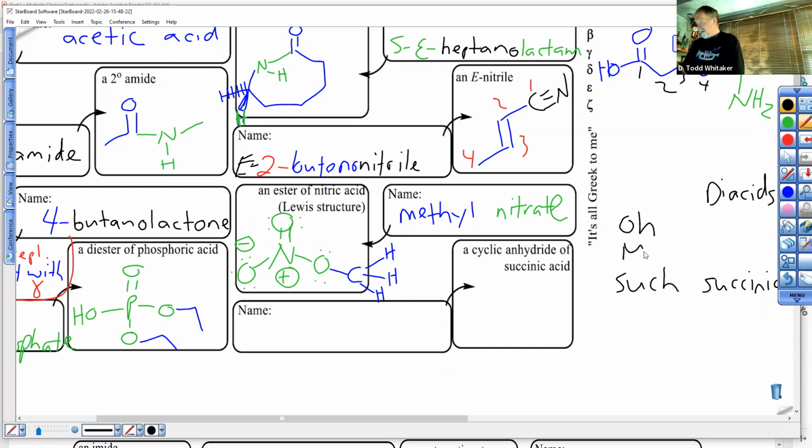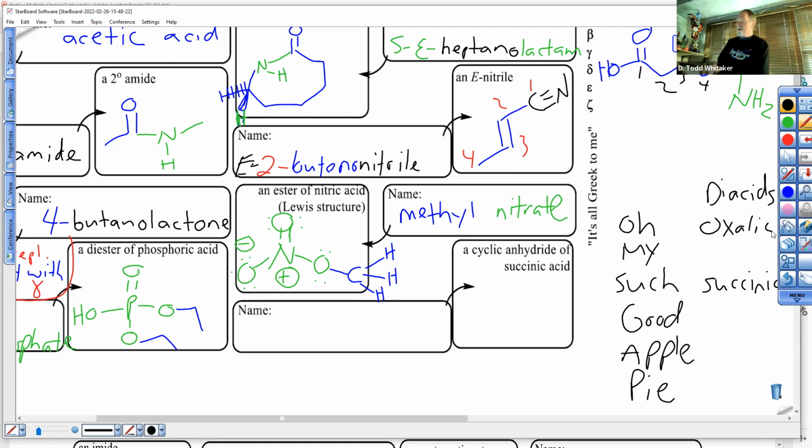Oh my, such good. Apple pie. It's a cute little expression. Oxalic is the first diacid. So how many carbons does oxalic have if it's a diacid? Each acid has one carbon, and this is the smallest one, 2 carbons.